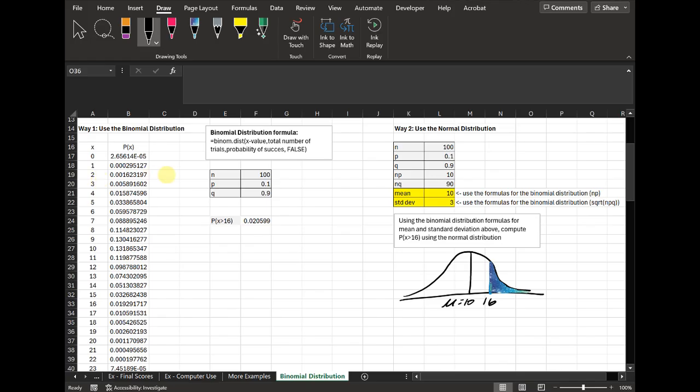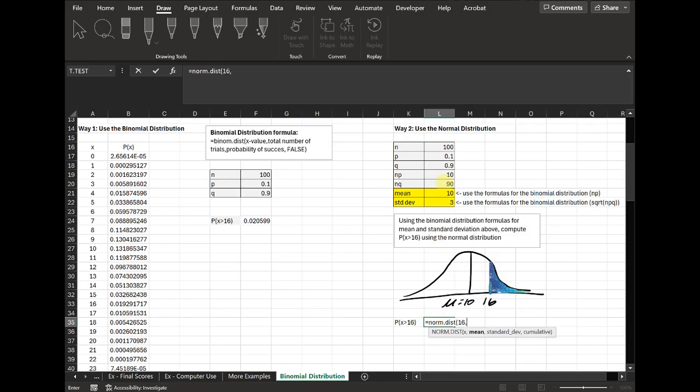So the beauty of this is instead of having to do all of the work that we just did with this binomial distribution, which is kind of a lot of work to do, I can just go back to using my normal distribution formula. So I'm going to find now that probability that x is greater than 16. I'm just going to use my norm.dist function.